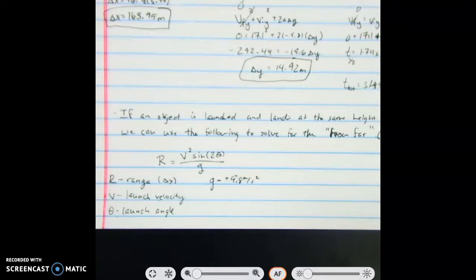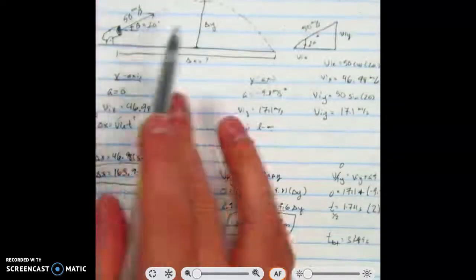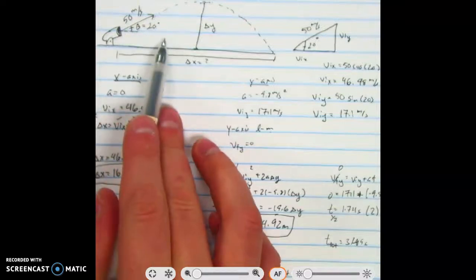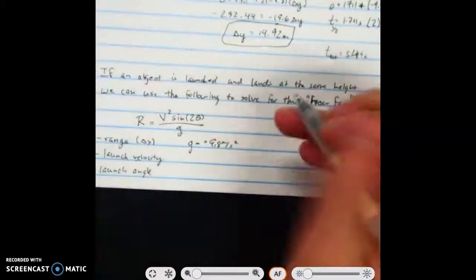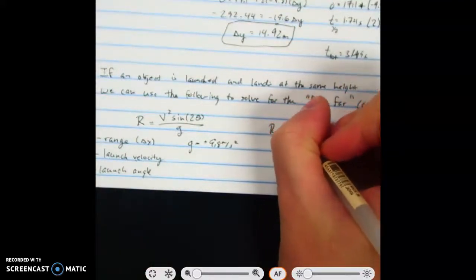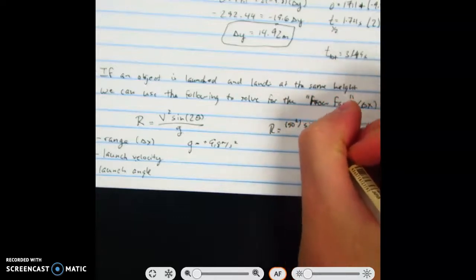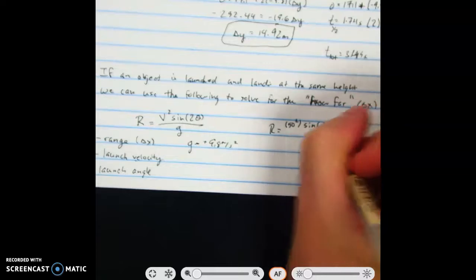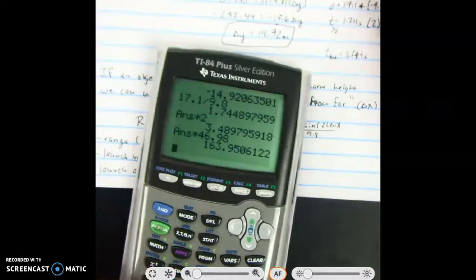So if I run this same exact question, 50 meters per second, angle of 20 degrees, and I want to figure out my how far, using this information, I can say R is equal to 50 squared sine of 2 times 20 over 9.8. 2 times 20 is 40, sine all that. So run it in my calculator, throw it up here so you can see.